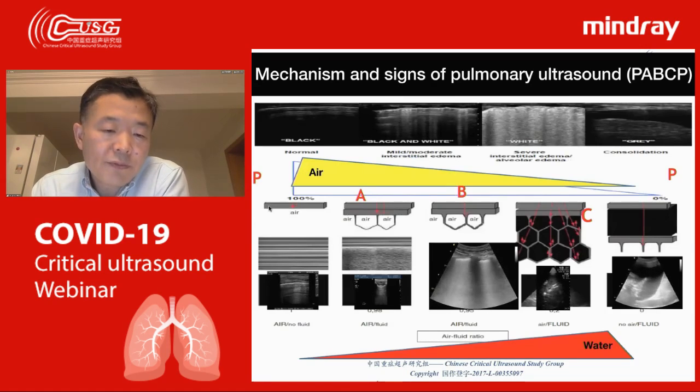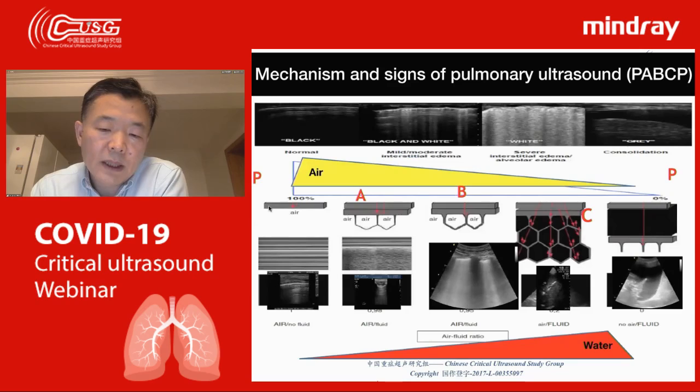And if the ratio is a little bit lower than 100%, maybe 98%, 95%, we will see lung sliding and A line. And if the ratio is lower, maybe 95%, you will see the B lines or even more B lines.